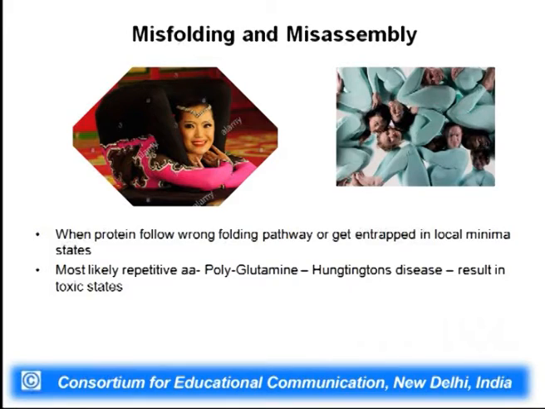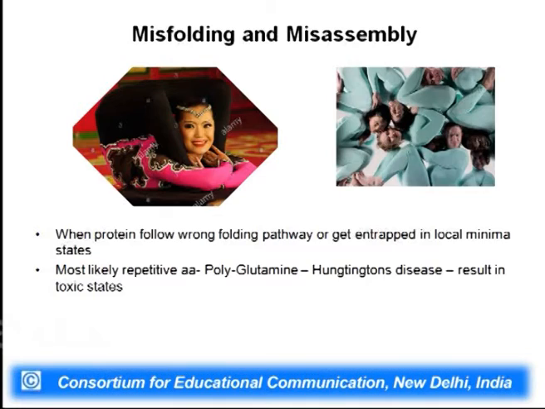And when such aggregates form, they may result in a quaternary structure which is not functional, or they may result in fibrillar structures, which come under misassembly. Eventually misfolding may result in misassembly because of exposure of the hydrophobic residues.